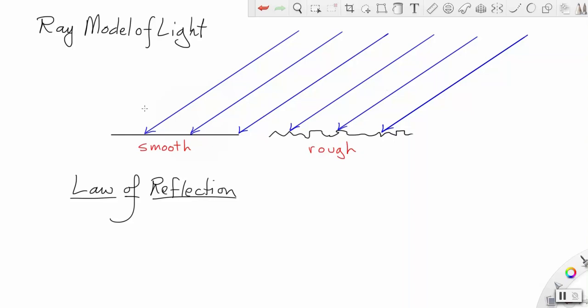If it comes in at some angle theta, measured from the vertical, then when it hits a surface and reflects, it's going to leave at the same angle that it approached. We call this the incident ray, and we call the next one the reflected ray.